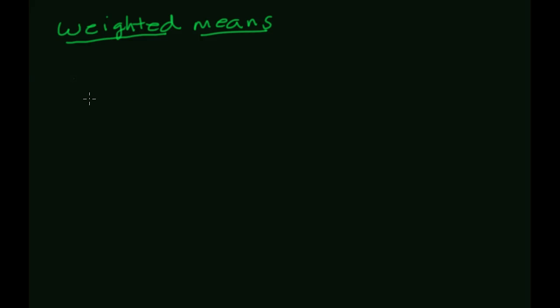Okay, so let's create a transcript that could be a college student's transcript. Let's say they have an English 101 course. They got an A in that course, and it is a 3-credit course. They have a Calculus 1 course, and they got a C, and it's a 4-credit course.